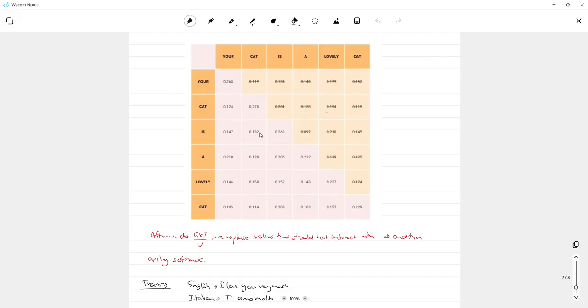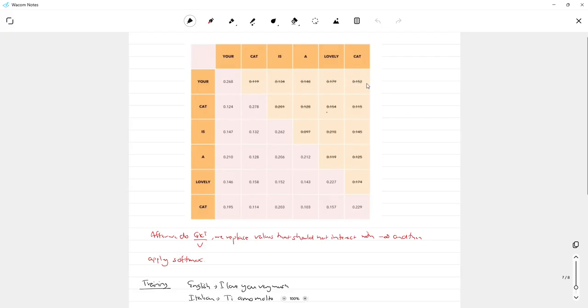So after the dot product calculation and just before dividing by root dk and applying softmax, we introduce a mask. This mask is a matrix of zeros and negative infinities. For any position i, j in the attention score matrix where j is greater than i, meaning word i is trying to look at a future word j, we replace the calculated attention score with minus infinity.